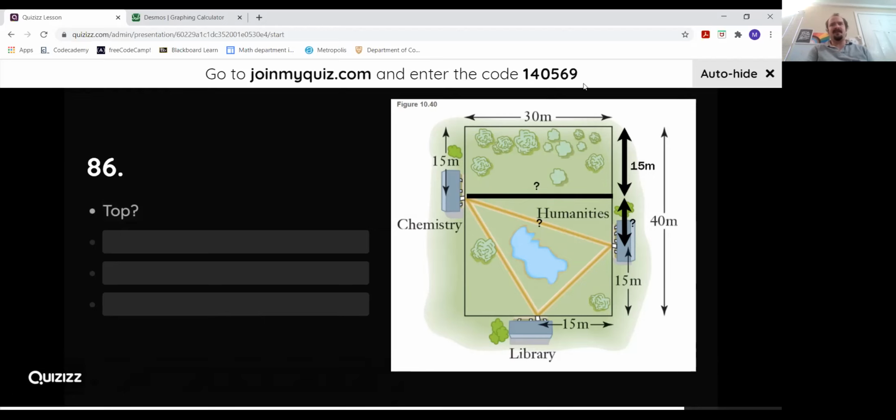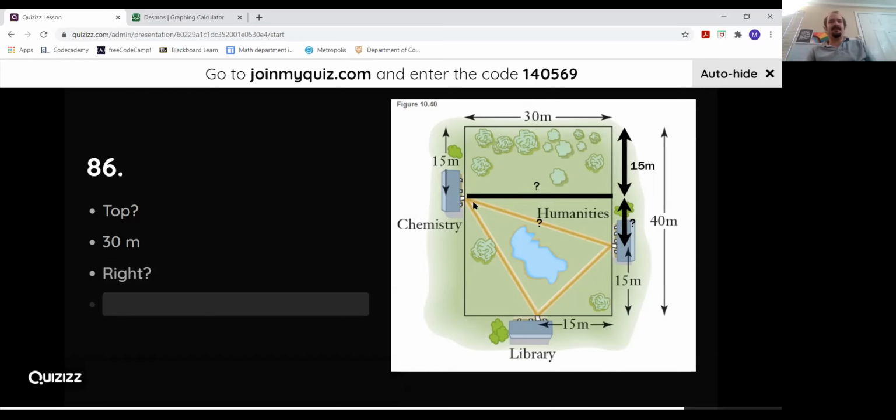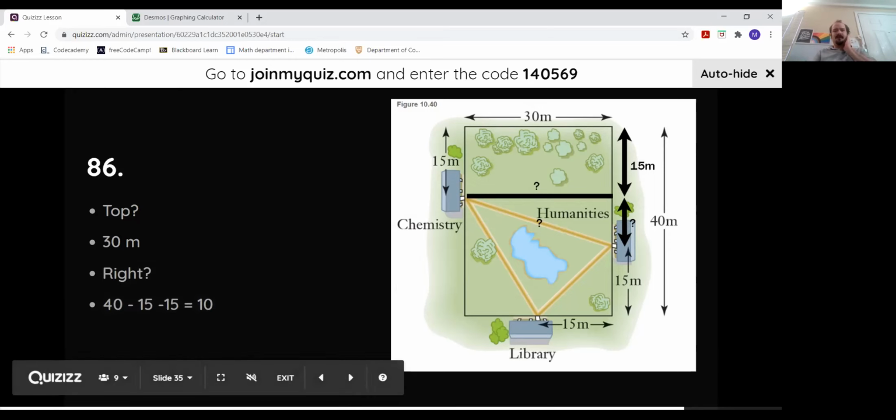So if we want to know the top here, the top is the same thing as just this top thing. So that should be 30 meters. If I want to know this part, well, I know this is 15 meters. I know this is 15 meters. I know this thing in the middle here has to be what? 15 is going to give me 30. I believe there are 10 meters difference there.